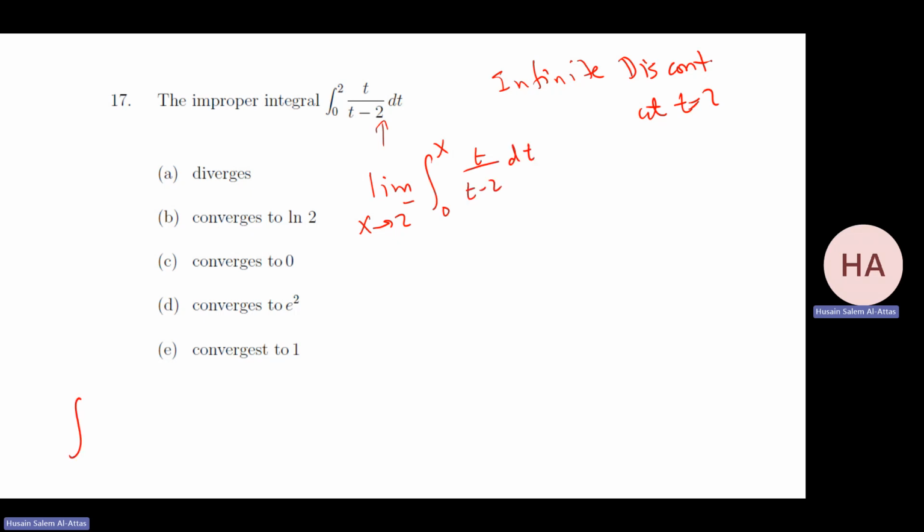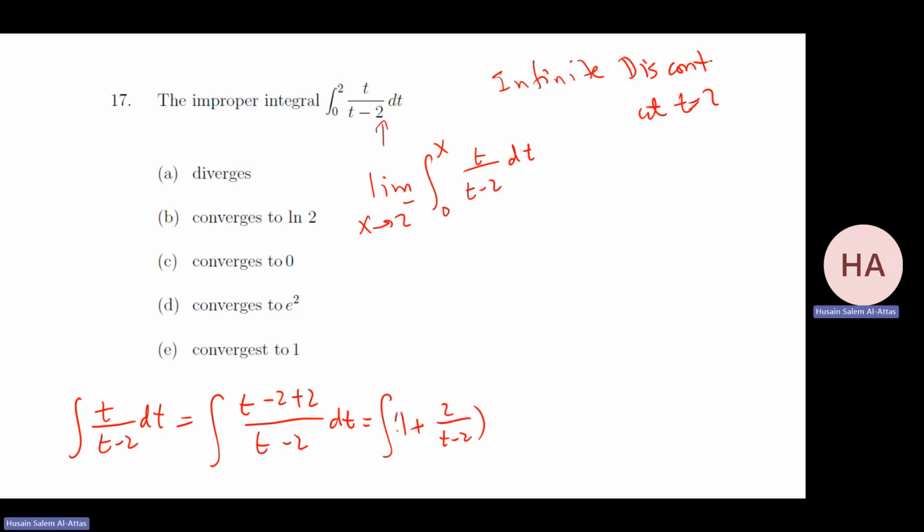How to do this integral? t over t minus 2 dt. There is a known trick. I have t equals t minus 2 plus 2, so t over t minus 2 is 1 plus 2 over t minus 2 dt. And that will be t plus 2 ln of absolute value t minus 2. As I said, it's two problems: integration and limits.